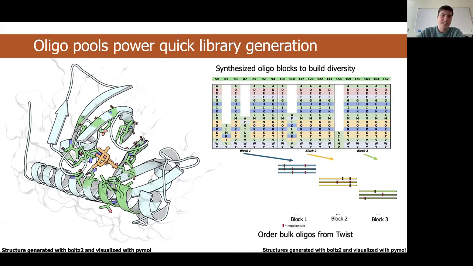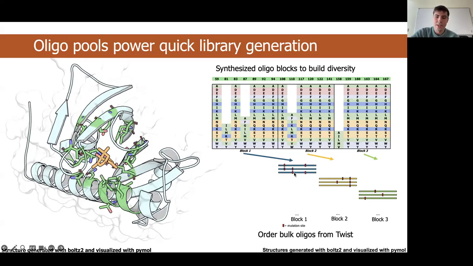And so recently, we've been using oligo pools, which we typically order from Twist, to really power this rapid library generation. We can make libraries in just a couple of weeks, basically, and then start screening them right away using this method. The idea of it is to take the sequence profile, that diversity that you're planning in and around the receptor pocket, and block it off into 3 different chunks.